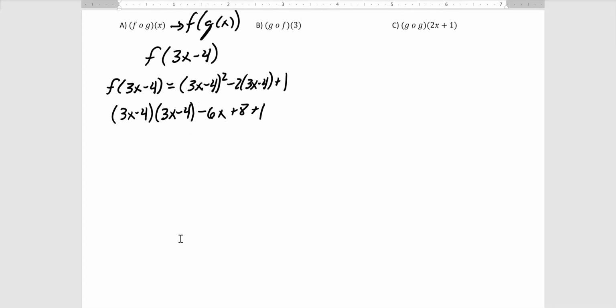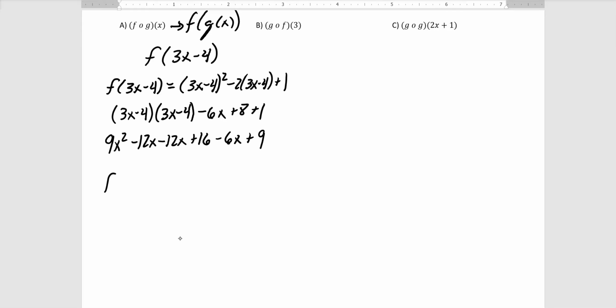Okay, let's multiply this out here. So 3x times 3x is 9x squared. 3x times negative 4 is negative 12x, and that will happen twice, one for the outside and one for the inside here. And then negative 4 times negative 4 is 16. And we'll subtract 6x, and 8 plus 1 is 9. And then we can just combine our like terms.